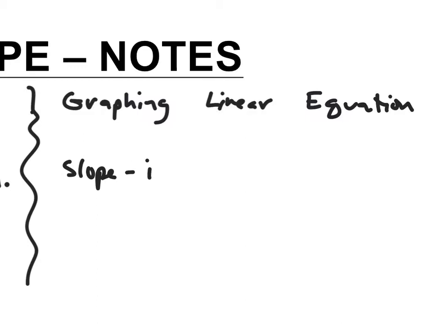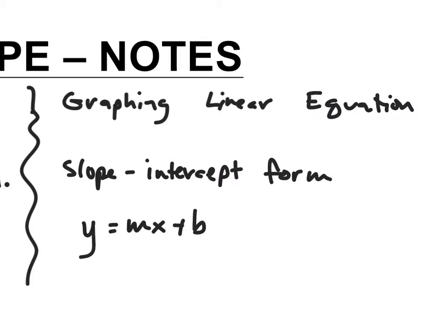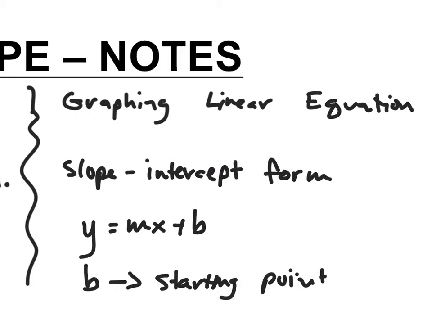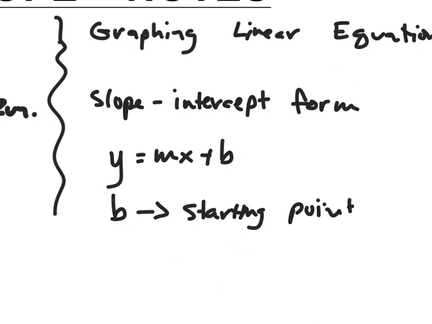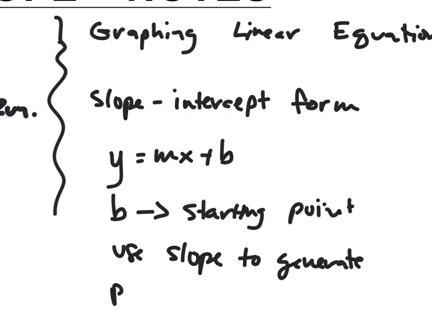Using y equals mx plus b, we say that b is our starting point, and we use the slope to generate more points on the graph.